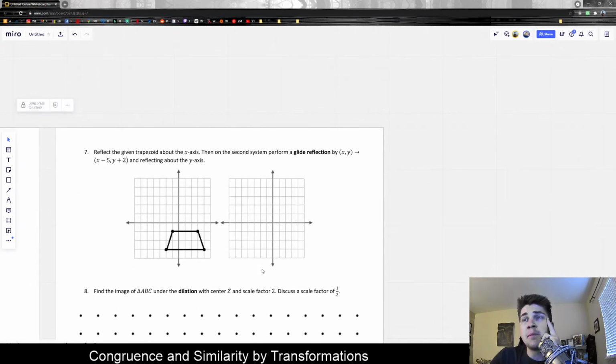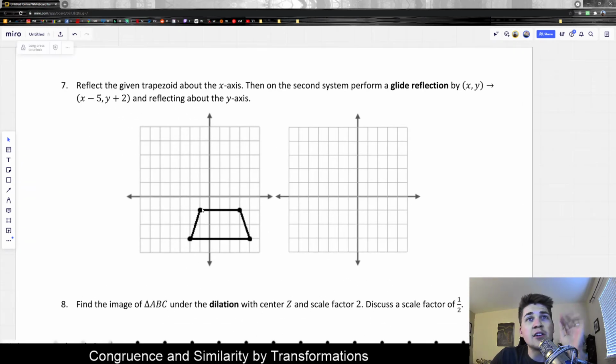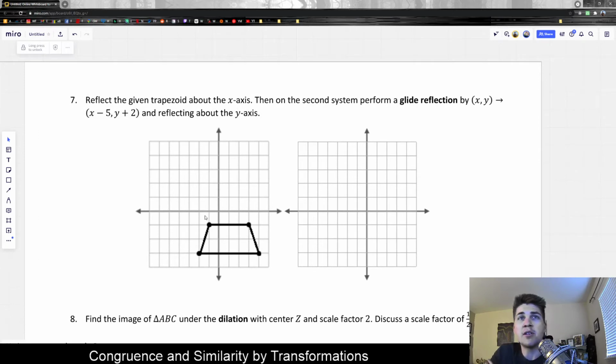Anyways, let's do another example, and it's also quite a bit easier using the Cartesian coordinate system, because you can use the coordinates as well. The first example, which is in our notes from last week, which you can also find on this Canvas module if you lost track of it, says to reflect the given trapezoid about the x-axis. So first of all, let's take that same mindset and figure out how to do it. We have the x-axis, the horizontal line passing through the origin.